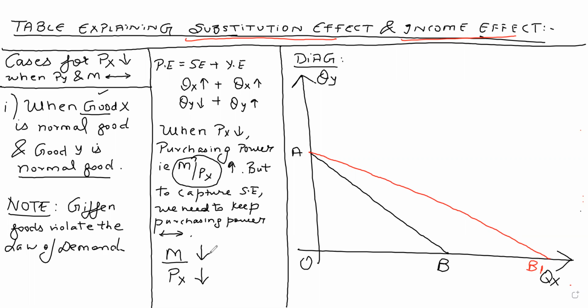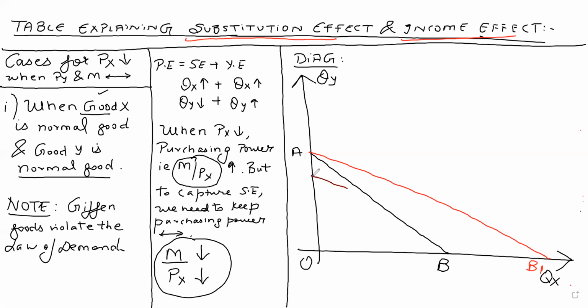If my denominator has fallen, to keep M by PX constant, I will also have to reduce my numerator. Only when both numerator and denominator fall by the same proportion, it will cause the fraction to remain constant. This is the basic mathematics. So when price of good X falls, in order to keep the purchasing power constant, I will have to reduce income. Now we are on AB1. Now when I reduce income, what will happen?